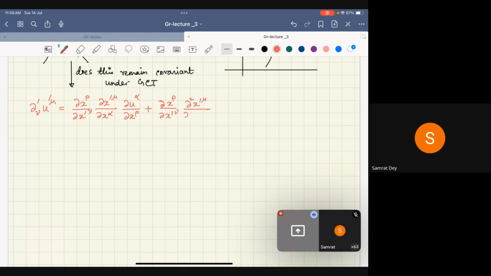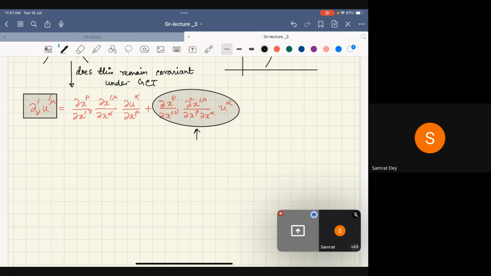So this is the problem that we had faced, and this actually creates all the problem, because then I cannot say that this object transforms covariantly under a general coordinate transformation because of the presence of this term.